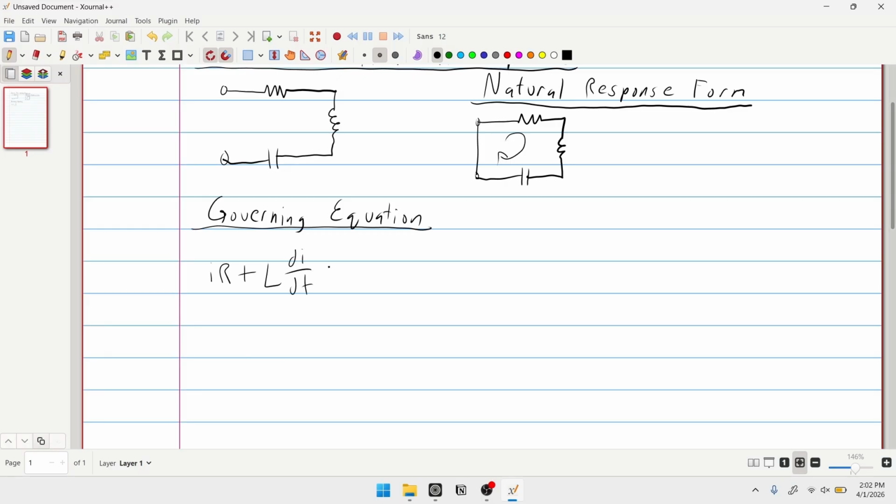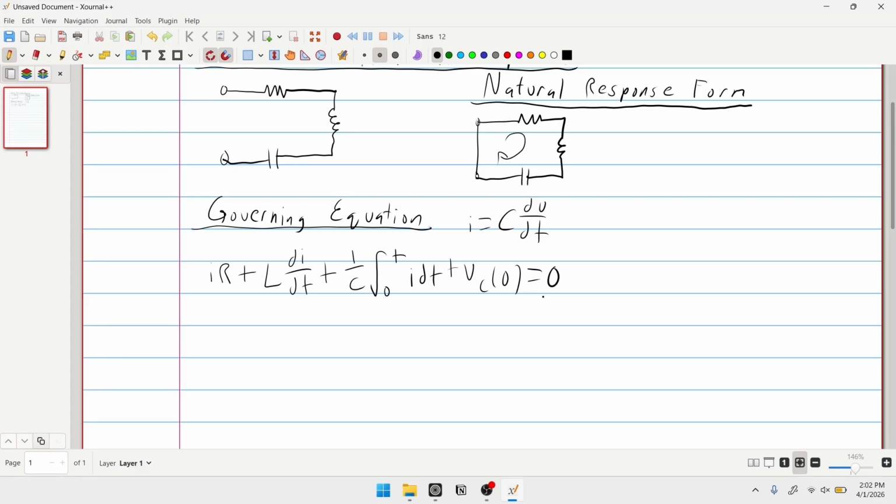And the voltage across the capacitor, which we know has the equation I dv dt. If we do math similar to the inductor in the parallel case, we find that the voltage across the capacitor is 1 over C, integral from 0 to t, I dt, plus the initial voltage, and that equals 0.